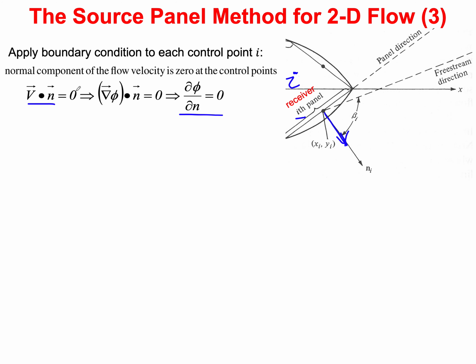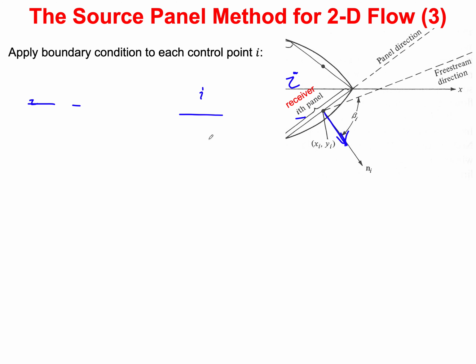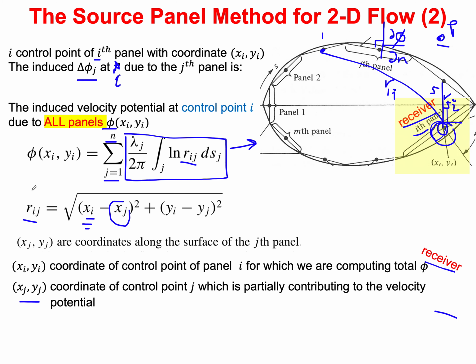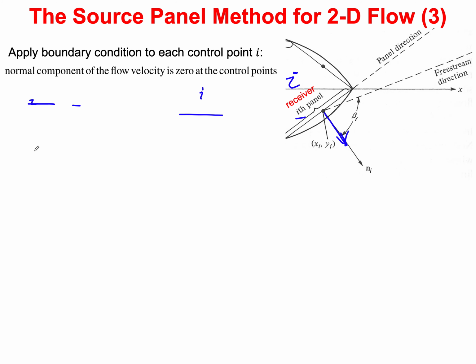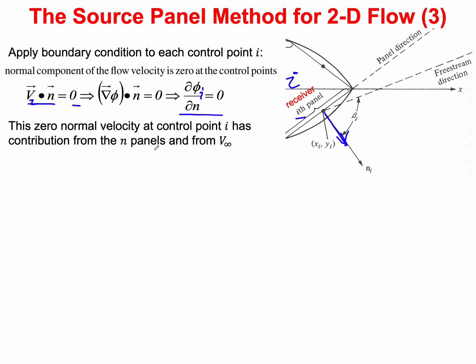The velocity component in the perpendicular direction to the panel will be 0, which means the d phi dn at panel I, phi which we have actually computed right here, will be equal to 0.